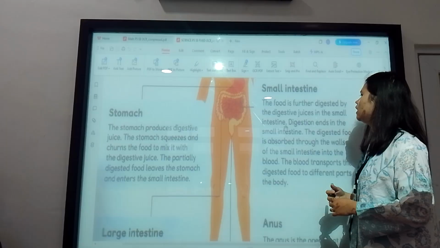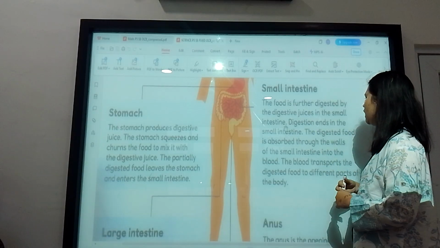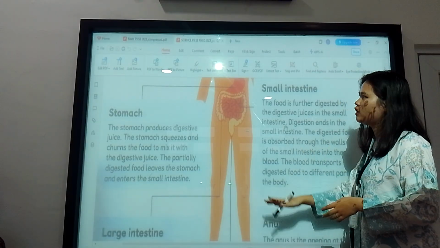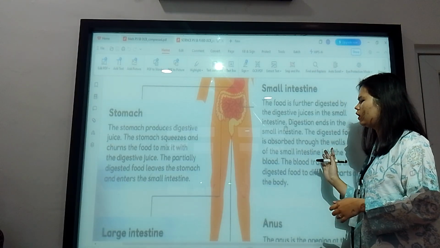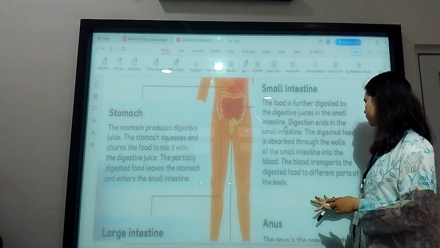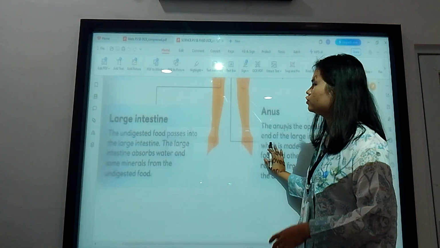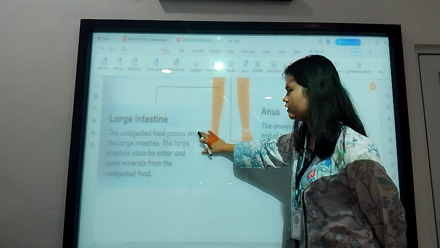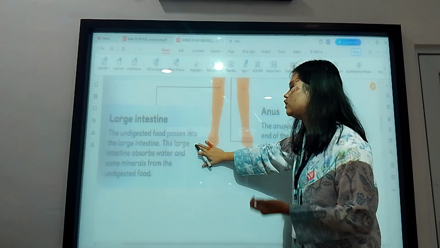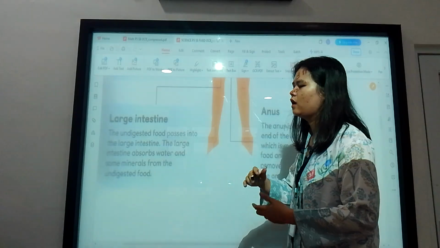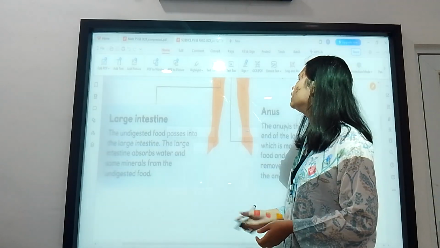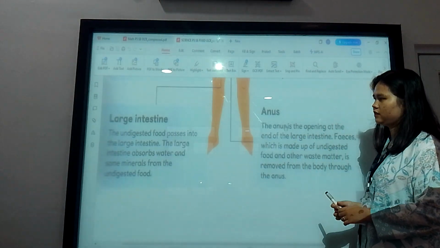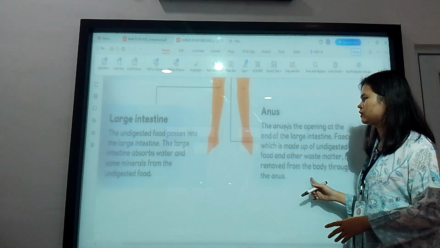In the small intestine, the nutrients are taken from the food and transported through the wall into the blood. After the small intestine, the food goes to the large intestine. The function of the large intestine is only to absorb water and some minerals from the rest of the food. After the large intestine, the food goes to the anus.